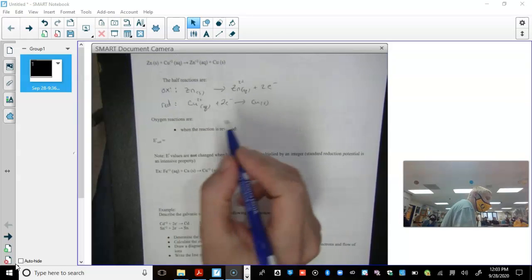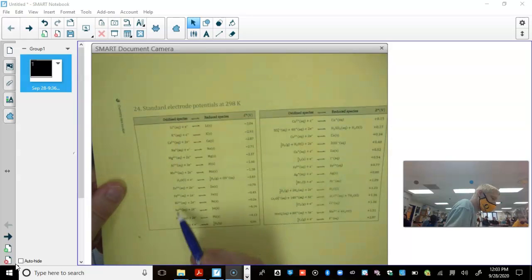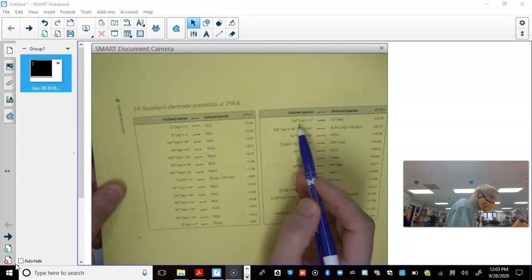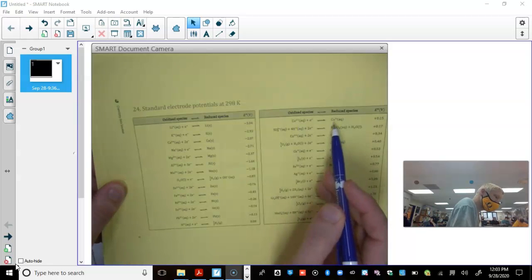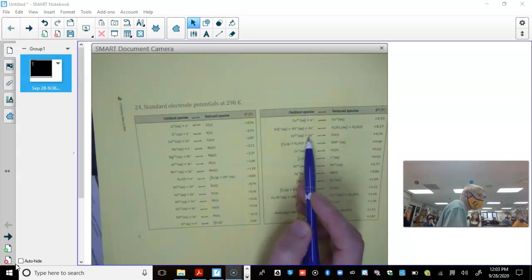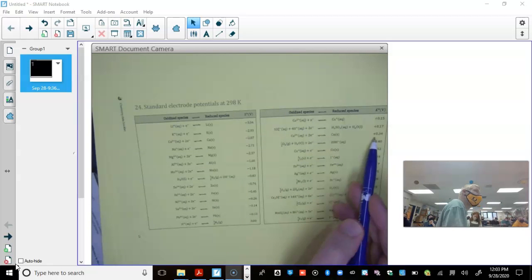All right, so our reduction is this one. We have to figure out copper 2+, looking at our standard electrode potentials. Oh, copper 2, this is 1 electron. So there are 2 different coppers, so be sure of that. This is where it's losing 2 electrons, and the first one's where it's losing 1 electron. So 0.34.